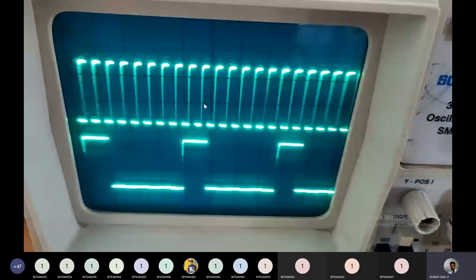One clock time period and another clock time period. So within this duration, there are 2 clock time periods, so this positive pulse can be treated as 1 and 1. So 2 ones are there here.